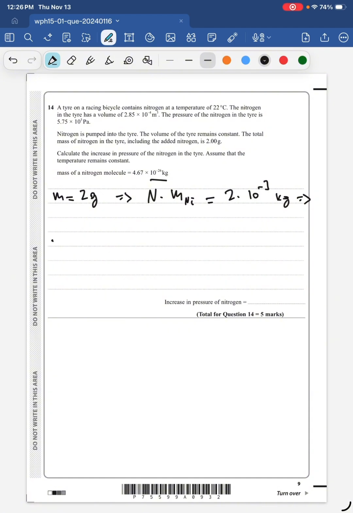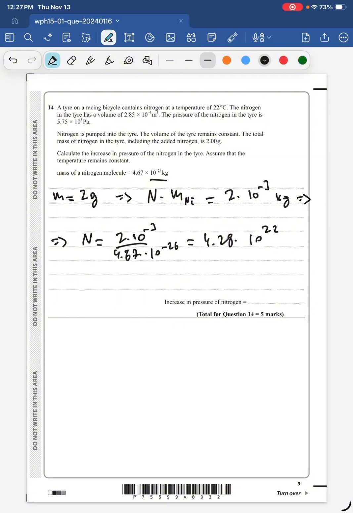So N is 2 times 10 to the negative 3 over 4.67 times 10 to the negative 26. So we are off to a good start by finding the number of nitrogen molecules, which is 4.28 times 10 to the 22, close to Avogadro's number.